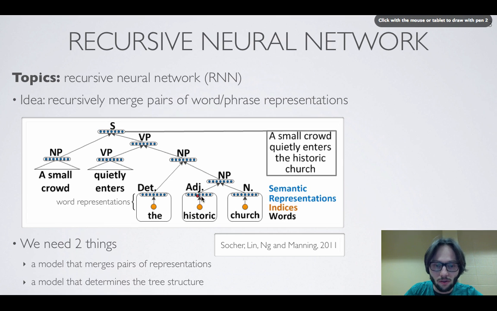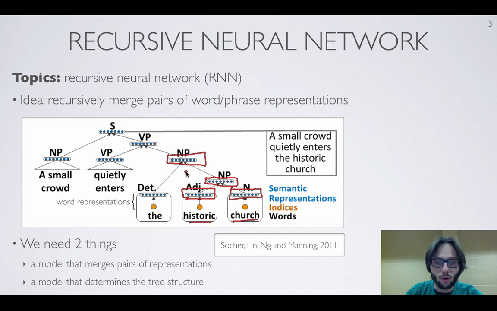So for instance, the first thing it could do is take the word representation of the word historic and then the vector representation of the word church, feed that to a neural network, which would then output a new vector, which would be used as the representation for the noun phrase historic church. And then to get the vector representation at that level, we'd merge the representation of its two children, that is the word the and then the noun phrase for which we just computed its merged representation.